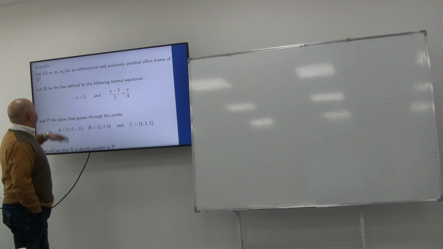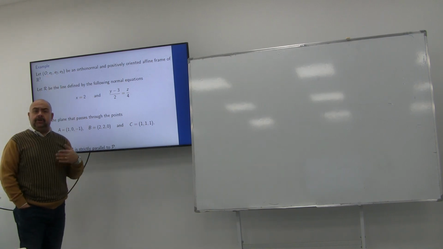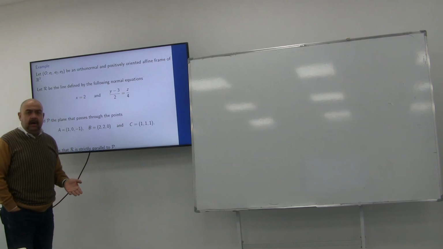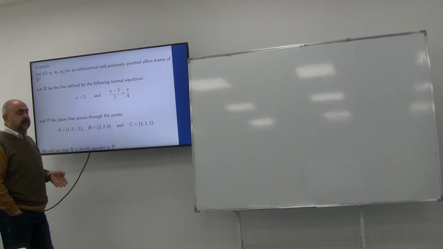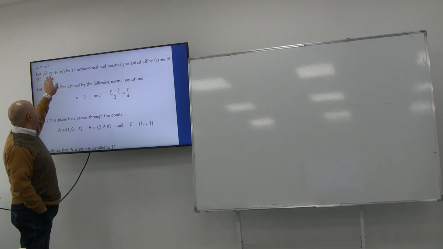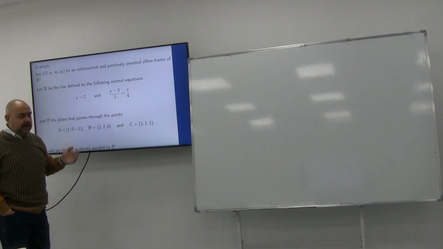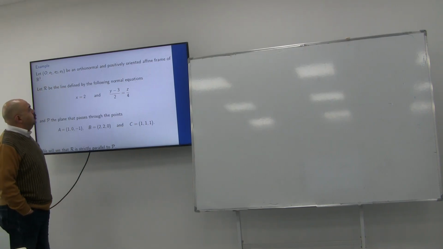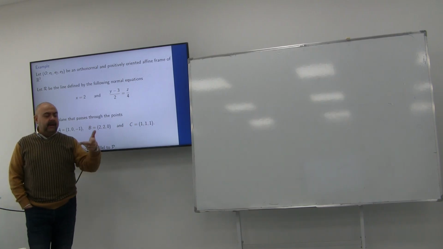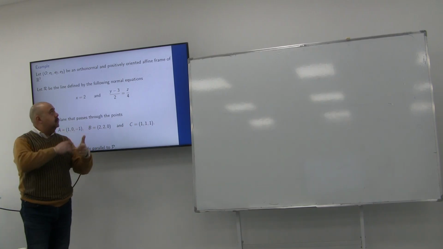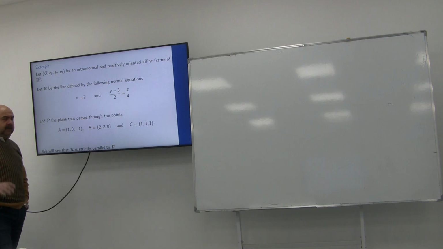So now I have E1, E2, E3, which is a basis for R3. They are the standard, which is i, j, k. This is (1, 0, 0), (0, 1, 0), (0, 0, 1), or any other orthogonal set, and positively oriented, and we know that the positively oriented set is exactly i, j, k.